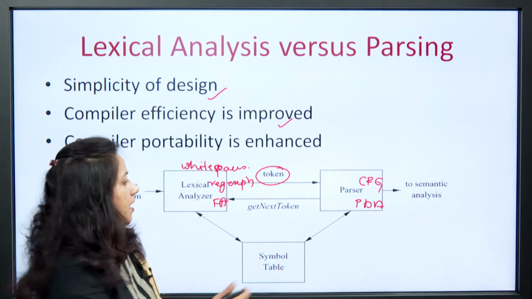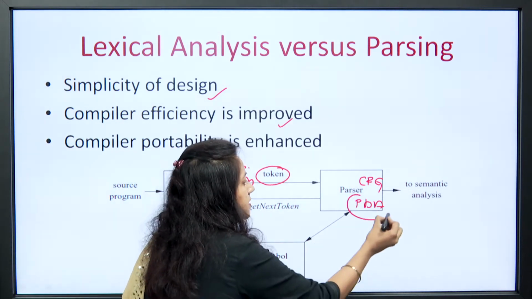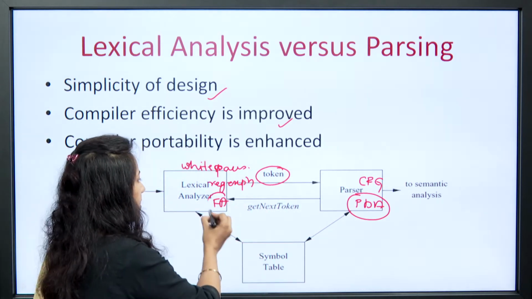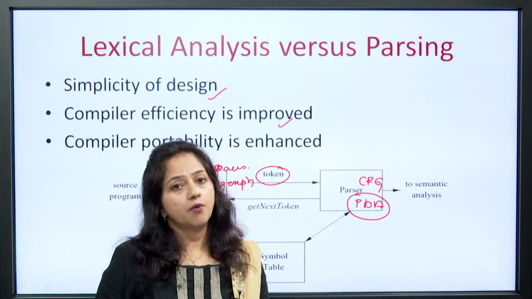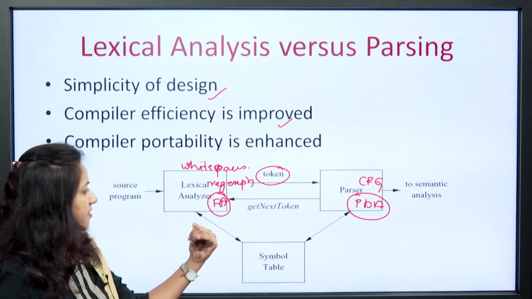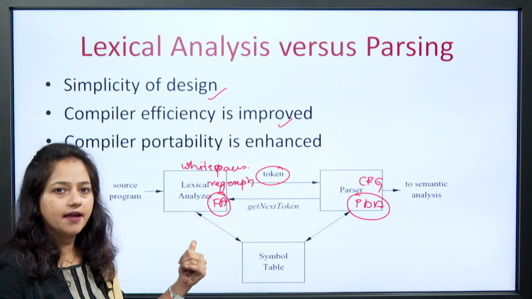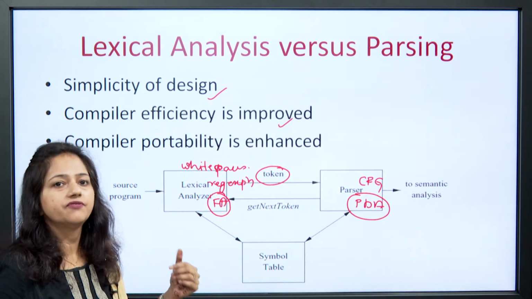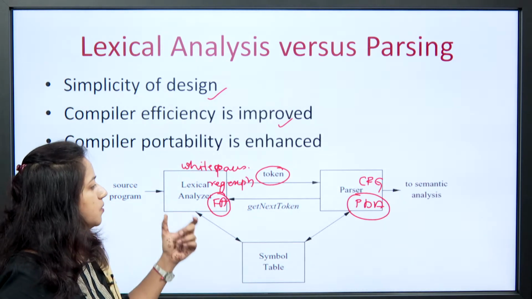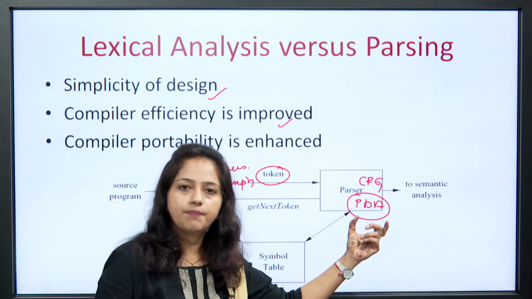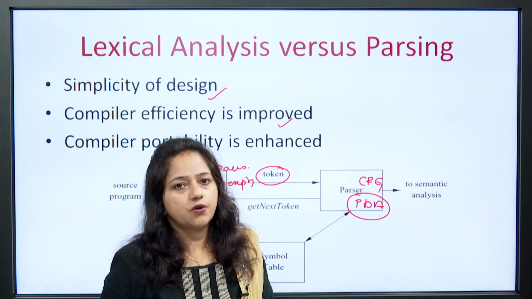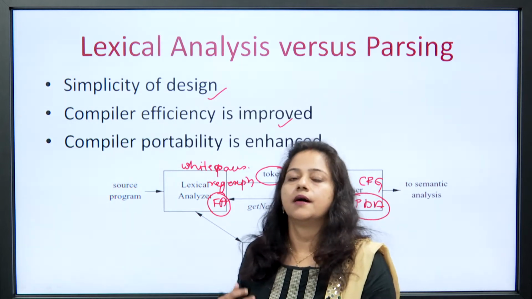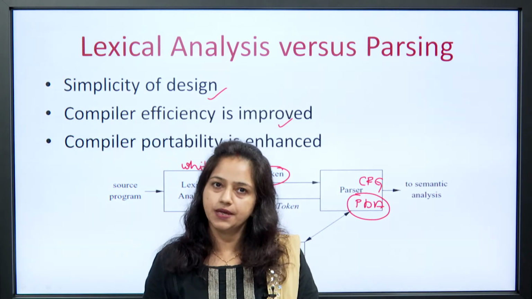So, this PDA is very powerful, more powerful than finite automata, and the implementation cost of PDA is more. So, if we have a simpler device to work with, meaning we can describe the patterns using finite automata, there is no need to do the same task using a more powerful device that has more implementation cost. So, if we are splitting the tasks, then compiler efficiency is also improved.